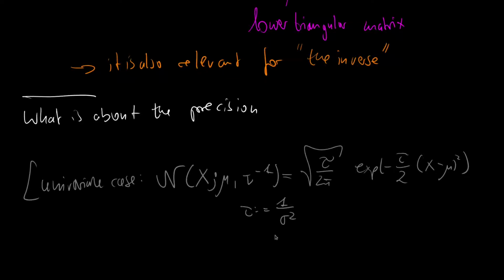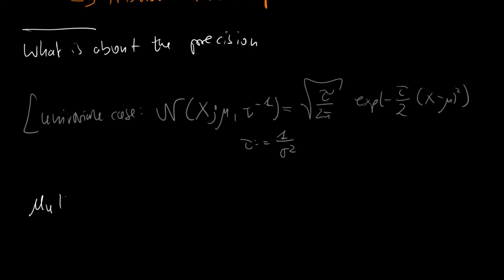And here we actually do the same for the multivariate case, where we define another matrix which we call capital lambda, and it is the inverse of the covariance matrix. As I said, never compute the inverse explicitly. This is just handy for derivations.